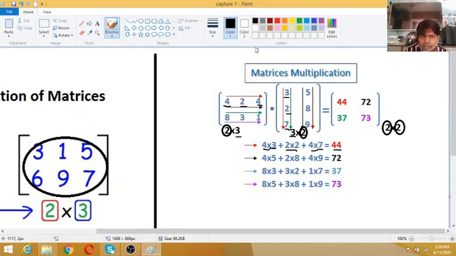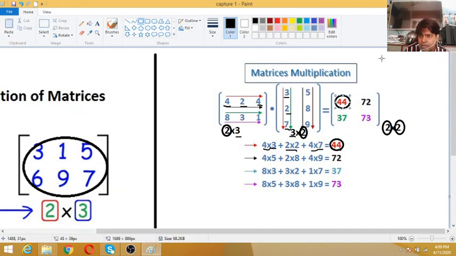Now to understand this, 44 is the first element that you see here. Is that clear? Multiplying the first row with the first column gives you the first element, and you can see this element is the first element of the row and the first element of the column.